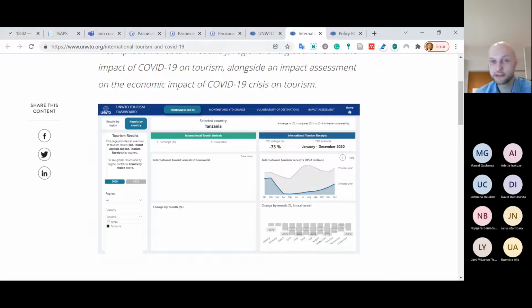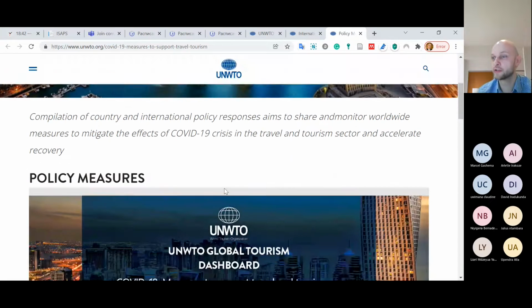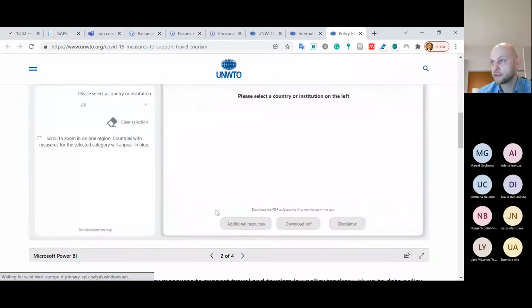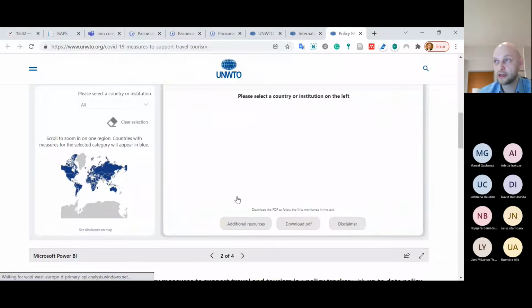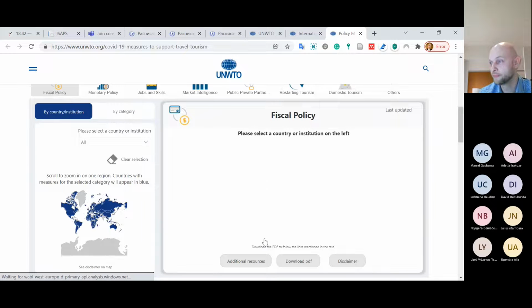So let me check messages. Try Rwanda. Okay, let me try. No information. Okay, so maybe we can trace the situation in these countries from perspectives of the measures that the government are trying to make in order to support tourism development.